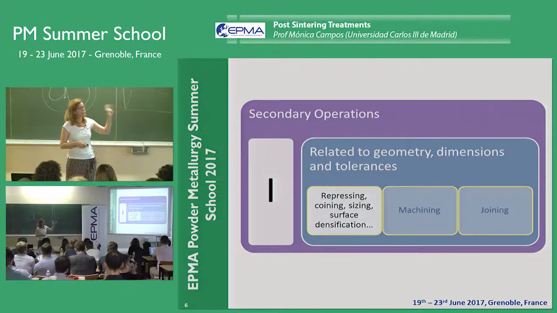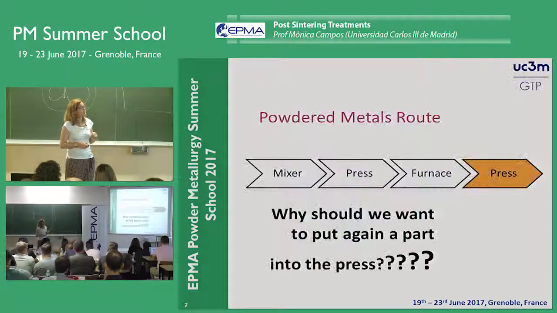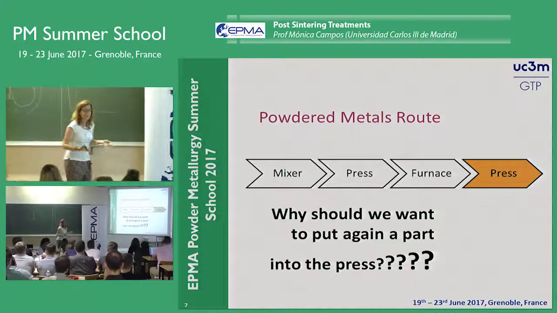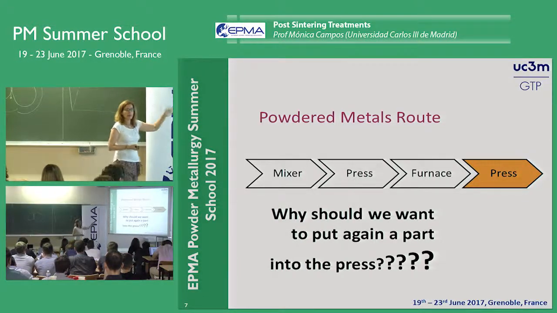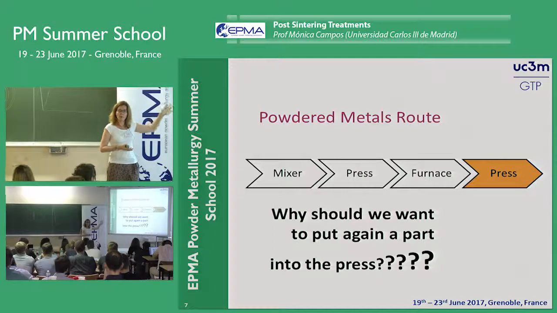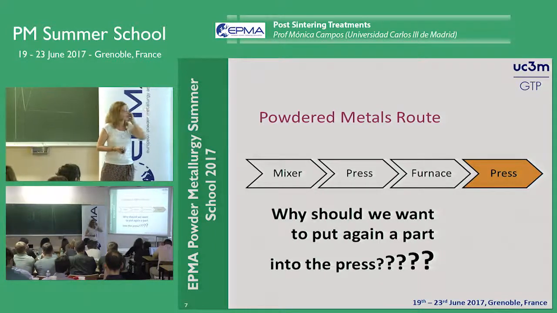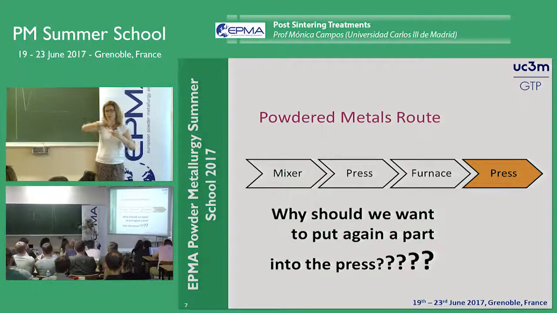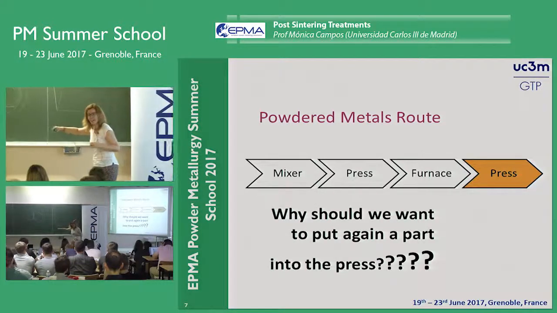Let's start with those secondary operations that are related to geometry, dimension, and tolerance. And the first one is repressing, coining, and sizing. Maybe we have in mind that the conventional PM route is put the powder into the mixer, then go to press, and then sinter. But in some cases, then we took the component and put back again into the press.